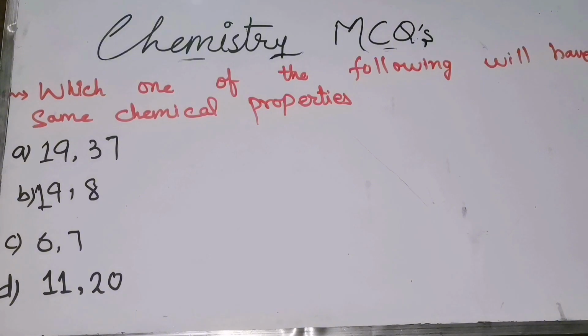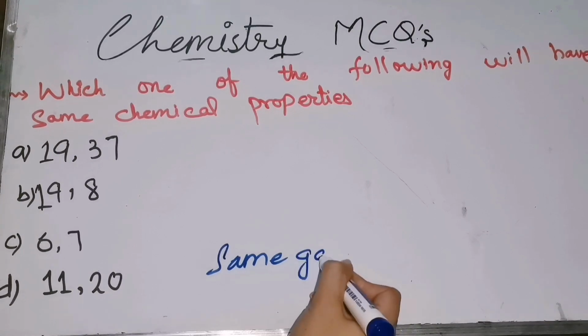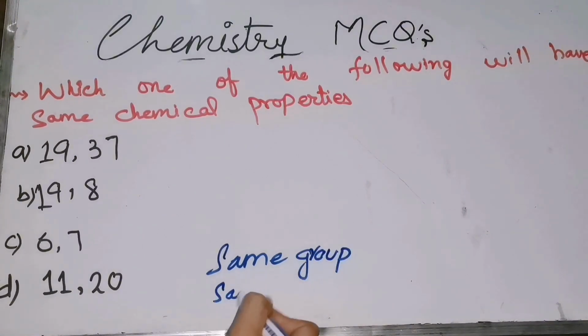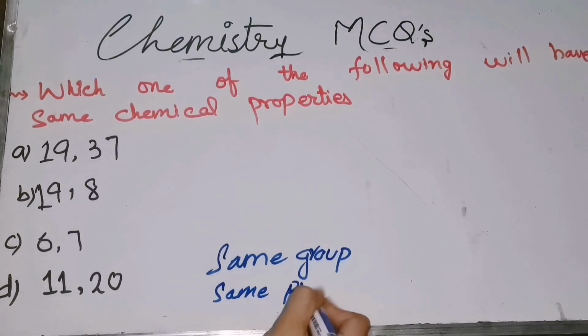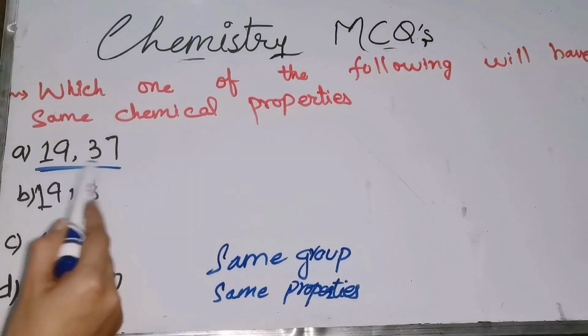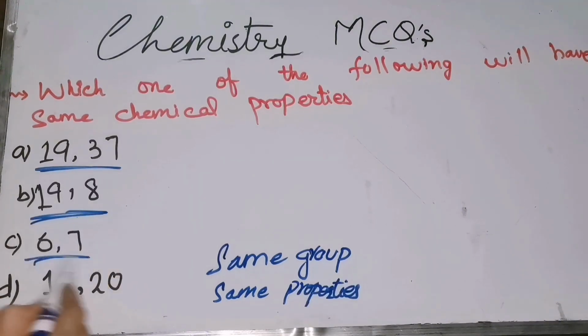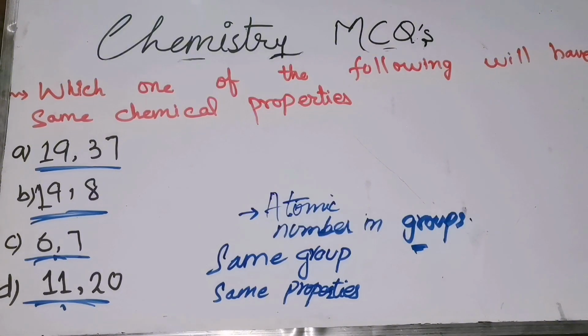Now, which of the following will have the same chemical properties? We know that if elements are present in the same group, they will have the same properties. You will calculate which of the following atomic numbers are present in the same group. I have already uploaded a video on atomic numbers in groups, showing how you can easily calculate it.